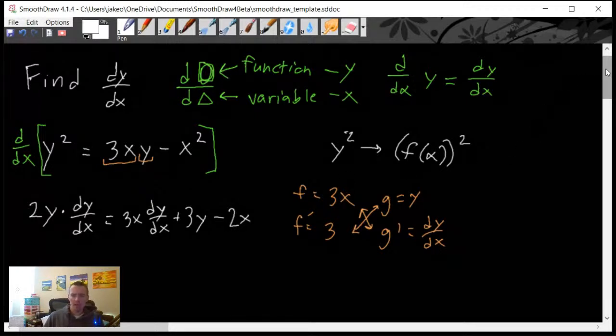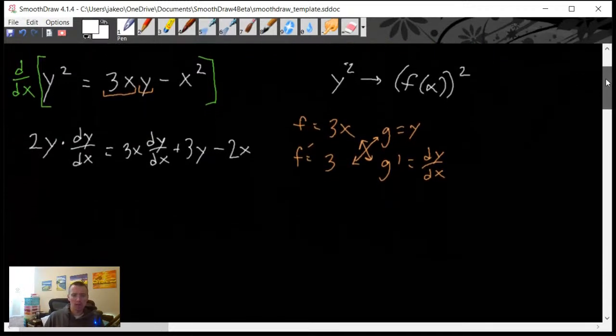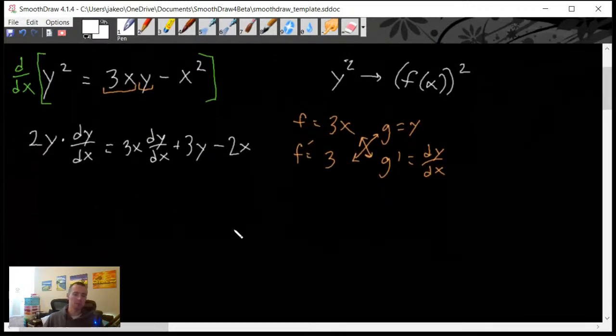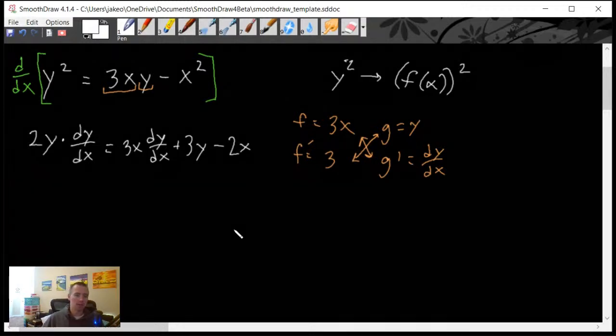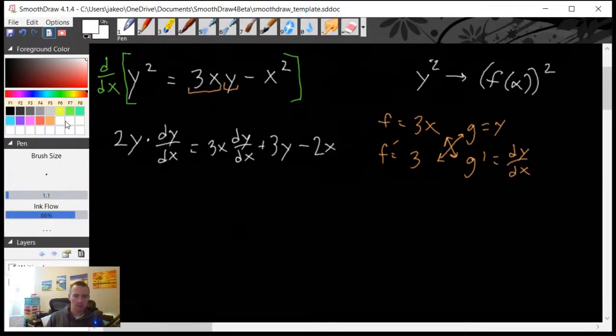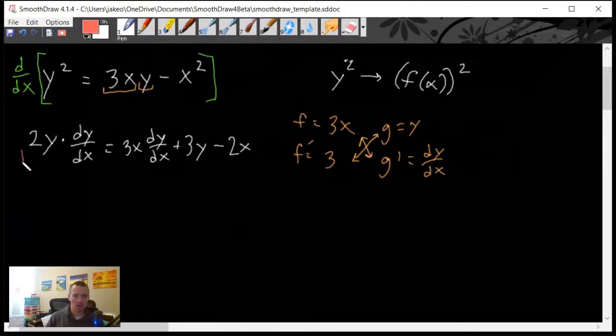So now, really, with any implicit differentiation problem, the next step that we want to go to is to separate our dy dx terms on one side of the equation and our non-dy dx terms on the other side of the equation. So you can see, thinking about the different terms we have here, we've got one term here with dy dx in it, one term here with dy dx in it, and then one term here without a dy dx, and one term here without a dy dx.